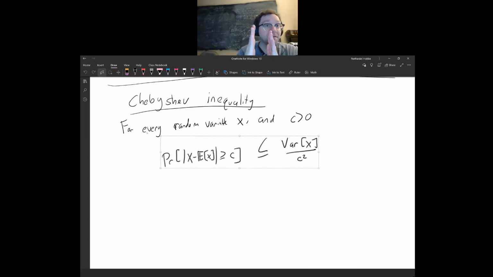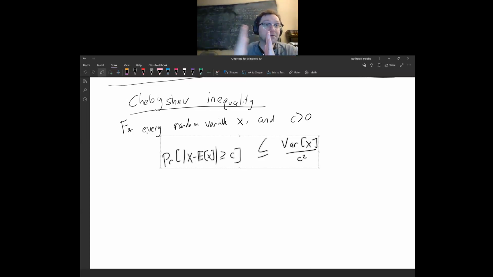So neither of these are lying to you, but while Markov gives you a bound that's true but far away, Chebyshev brings that bound closer to the truth. You still don't know where in between the bound and the real value it lies. You just know that it's somewhere in that gap.